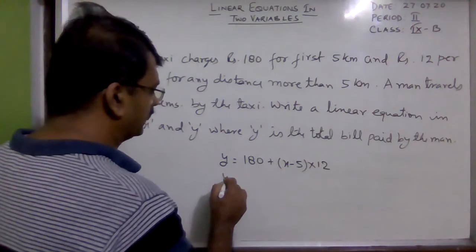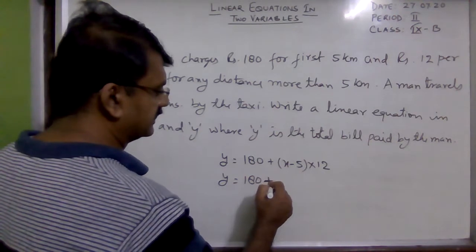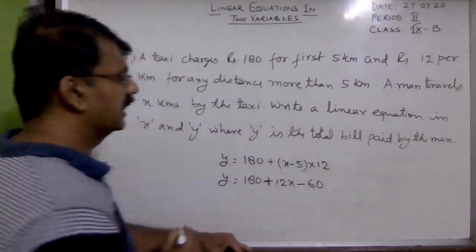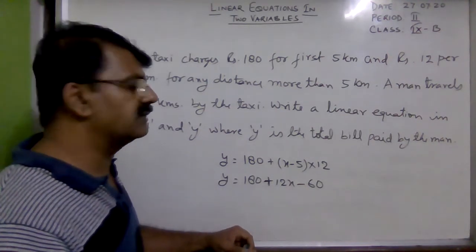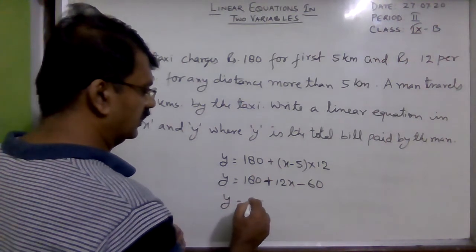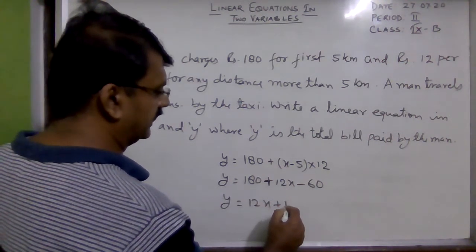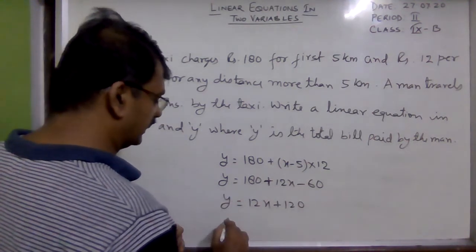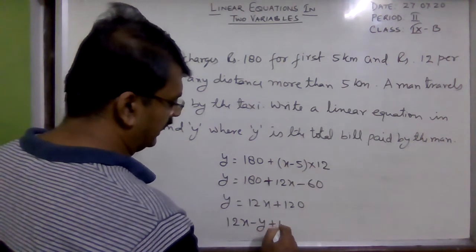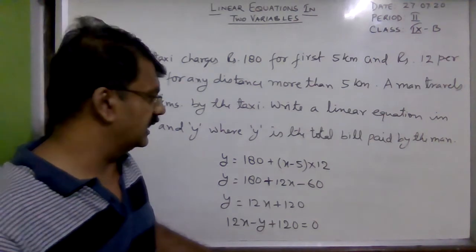Now when I open the bracket, it is 180 plus 12x minus 60. So y is equal to 12x, 180 minus 60 will be 120. So if you shift y to the other side, it will be 12x minus y plus 120 is equal to 0.